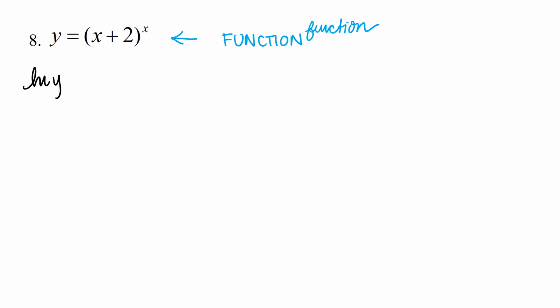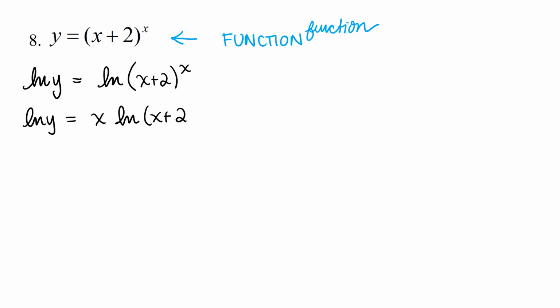So we have the natural log of y is equal to the natural log of x plus 2 to the x power. And then we can use log rules to simplify this. So we have the natural log of y is equal to x times the natural log of x plus 2. And this is something we can actually deal with.